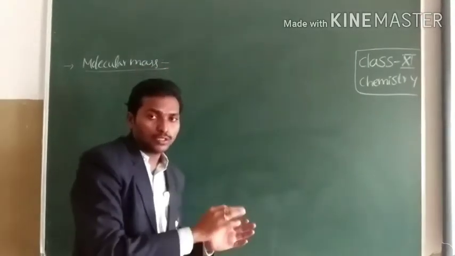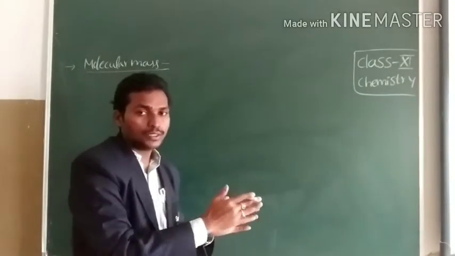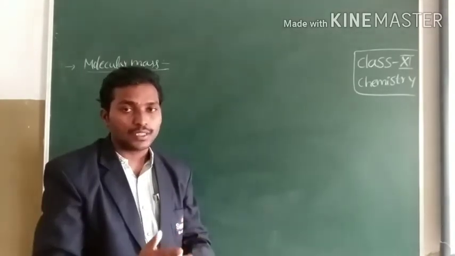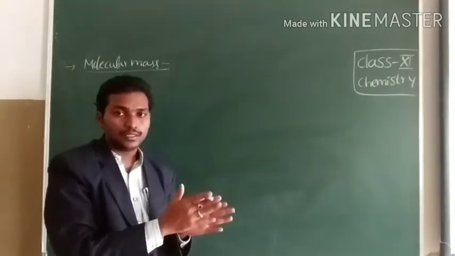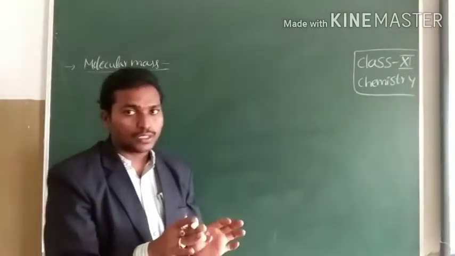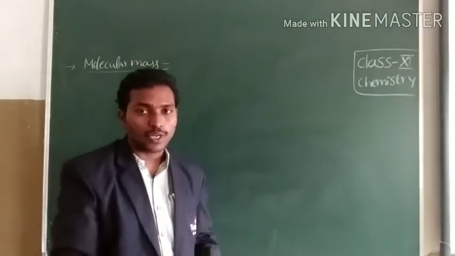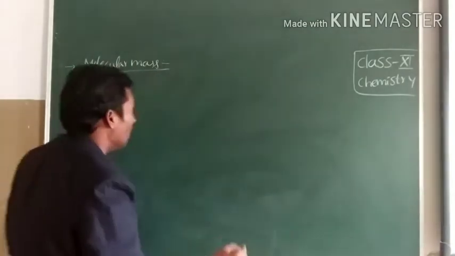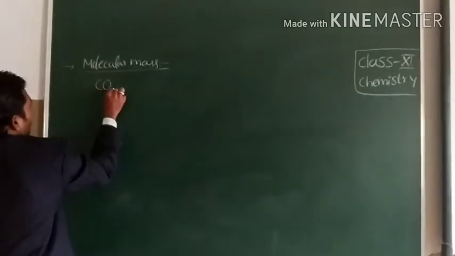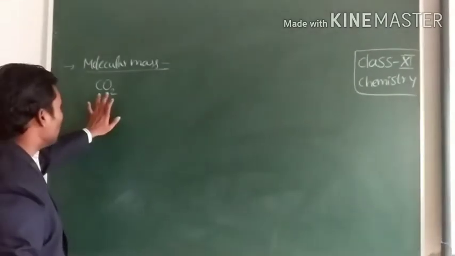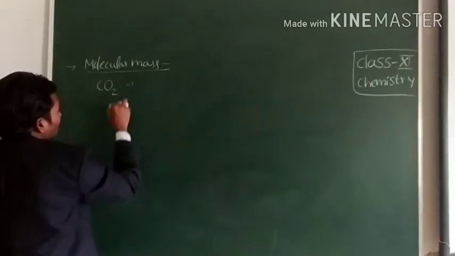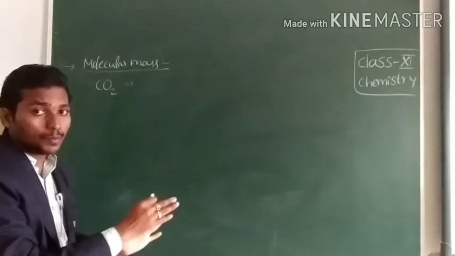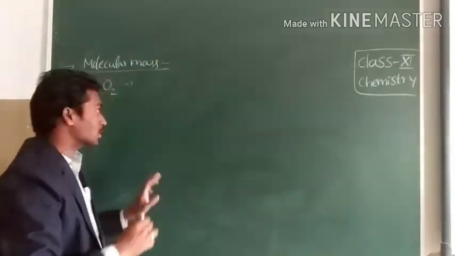Molecular mass is the sum of the atomic masses of the elements in the given formula of the compound. For example, the molecular mass of carbon dioxide. The molecular formula of carbon dioxide is CO2. Here we want to find out the molecular mass of carbon dioxide. It is the sum of the atomic masses of the elements.